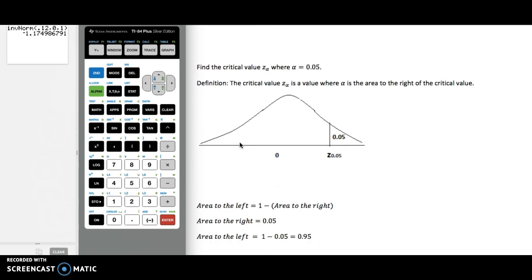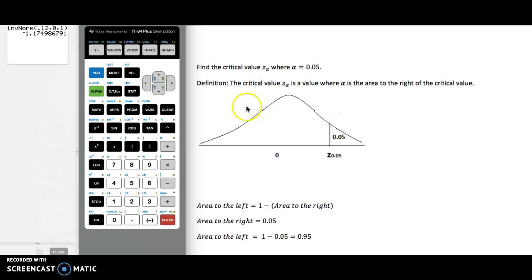So next question. Find the critical value z sub alpha, where alpha is 0.05. So just to remind you from the lecture notes, a definition. The critical value z sub alpha is a value where alpha is the area to the right of the critical value. So we're looking for a z-score where the area to the right of that z-score is 0.05.